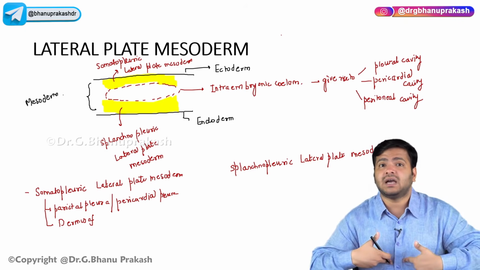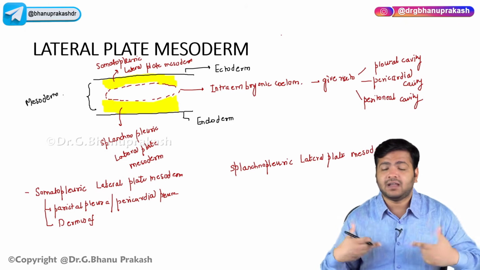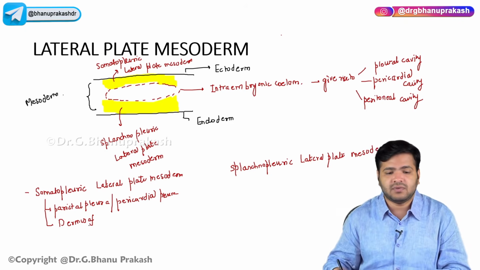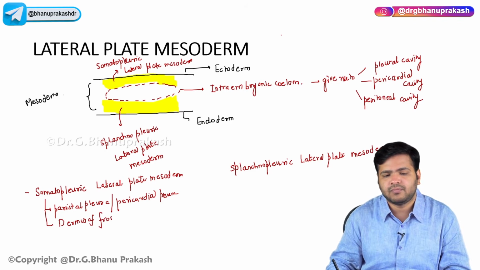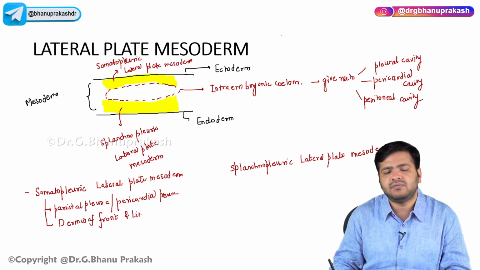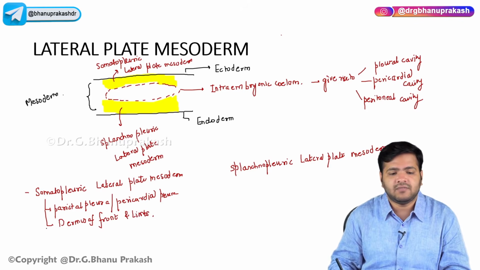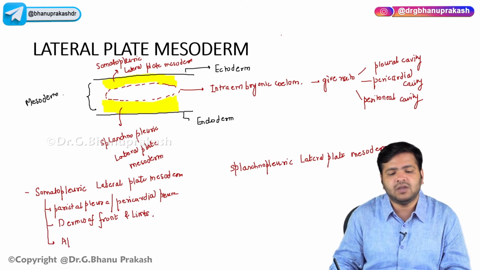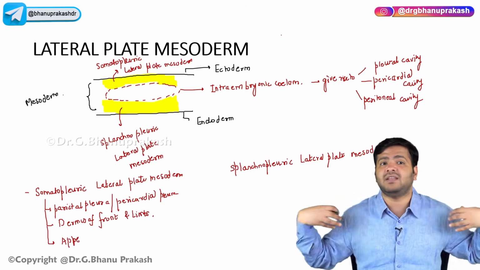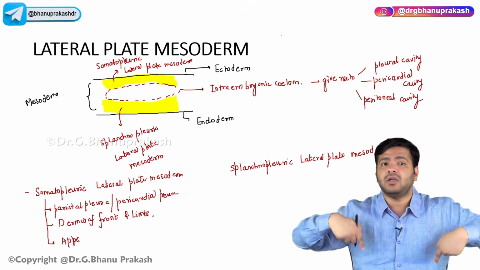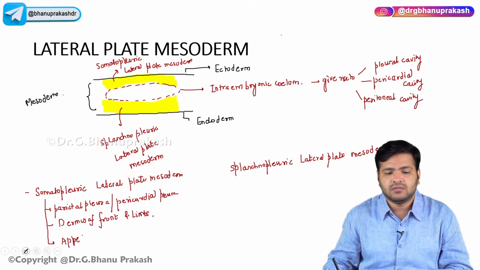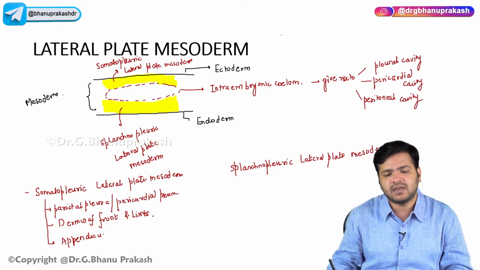The back one was already formed, now the front and the limbs, the dermis of the front and the limbs, right? And it will also give rise to the appendicular skeleton. Appendicular means the skeleton of the upper limb part and lower limb part. So we have the appendicular skeleton.